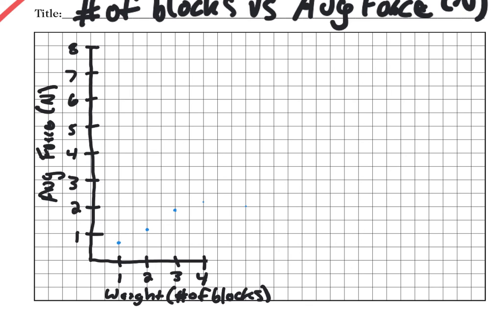So it'd be about like that. All right. We'll come back to do a line of best fit in a moment. Let's go ahead and graph our paper towel average forces. So for one block, we had 1.59. So again, we're coming back over here. We'll go up to about 1.59, which is somewhere about right there.